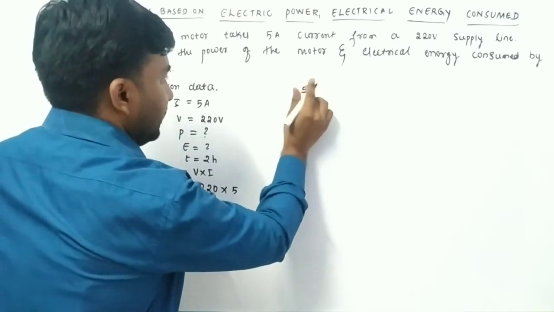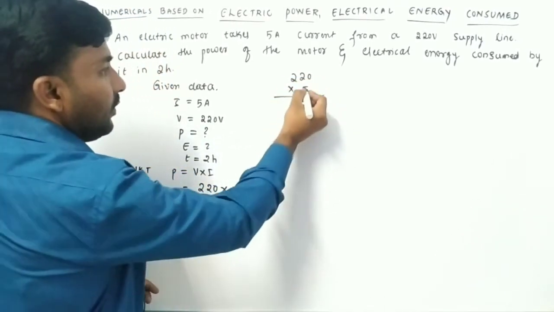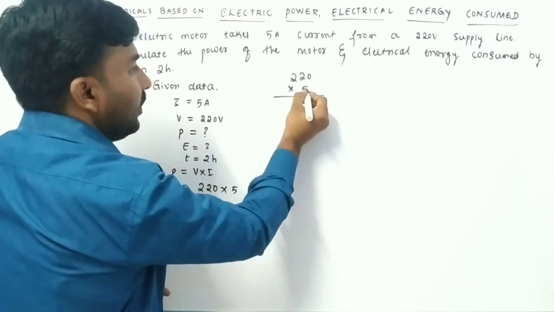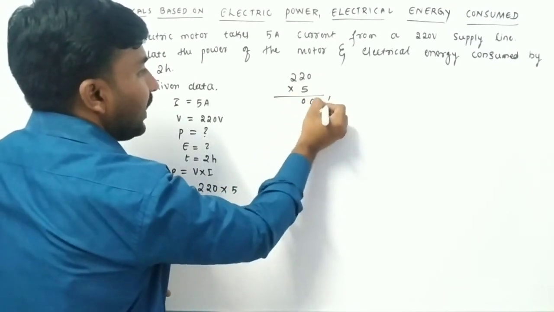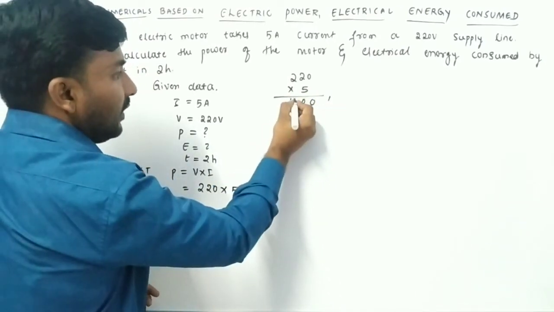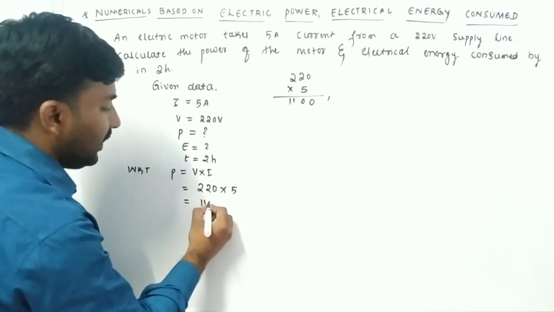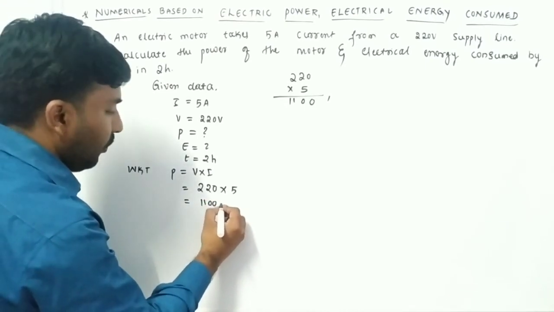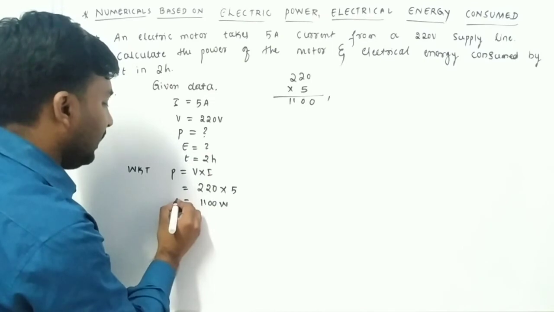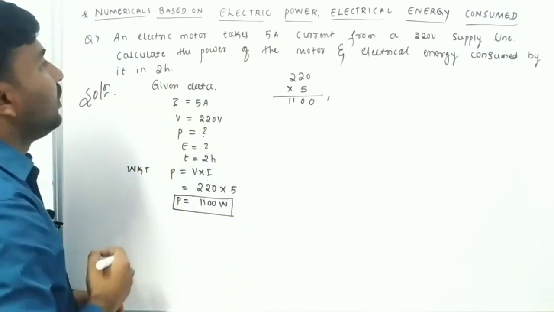Multiply these two numbers, 220 into 5. 5 times 0 is 0, 5 times 2 is 10, carry 1, 5 times 2 is 10 plus 1, 11. So here we have 1100 watt is the power of the electric motor.